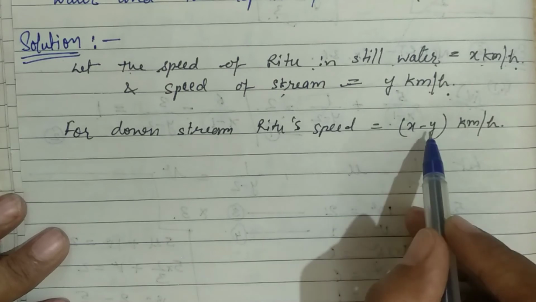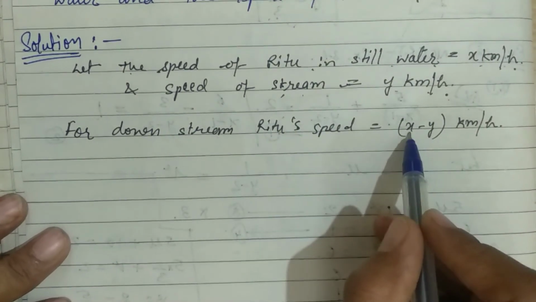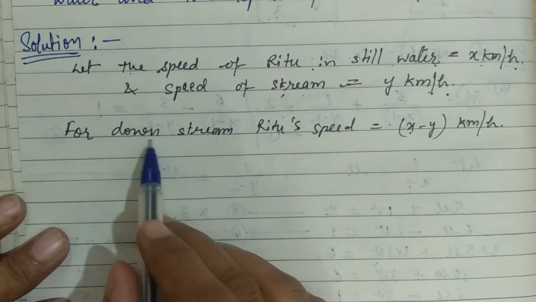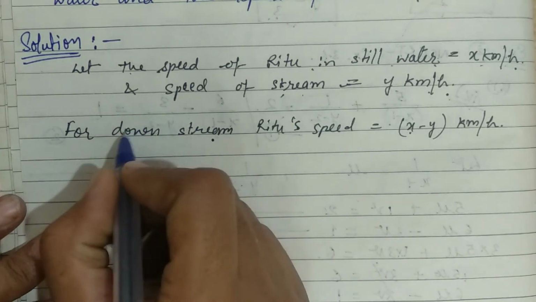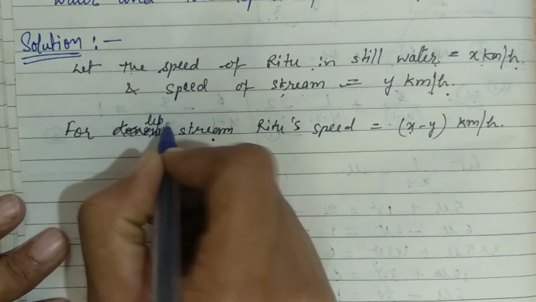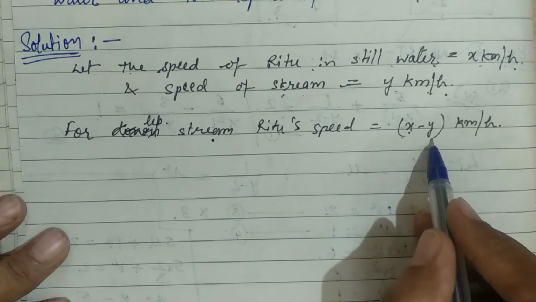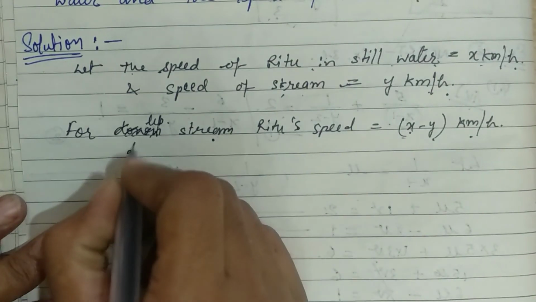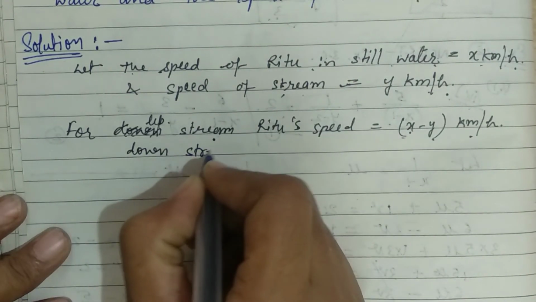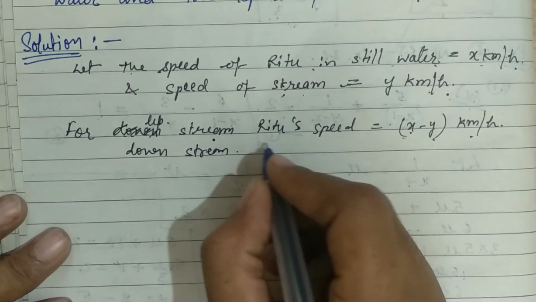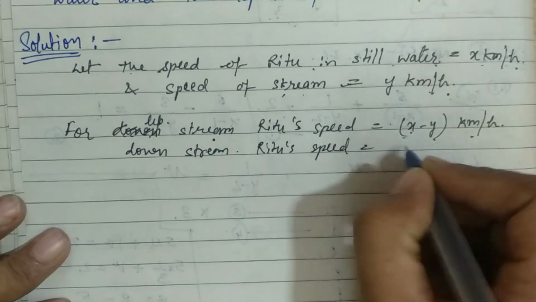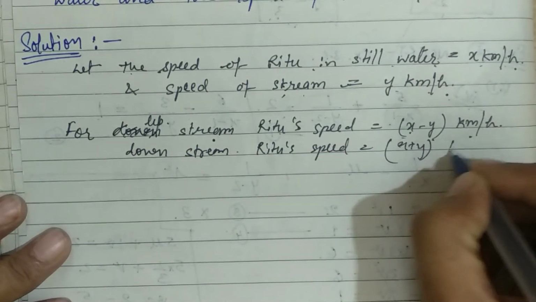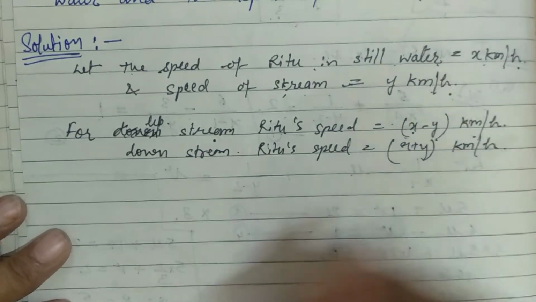So that's why we are subtracting the speed of the stream from Ritu's speed. And for the downstream, they are in the same direction, so Ritu's speed becomes x plus y kilometers per hour.